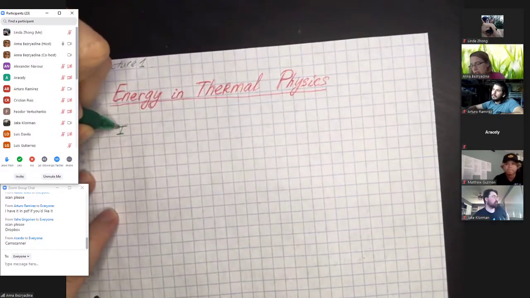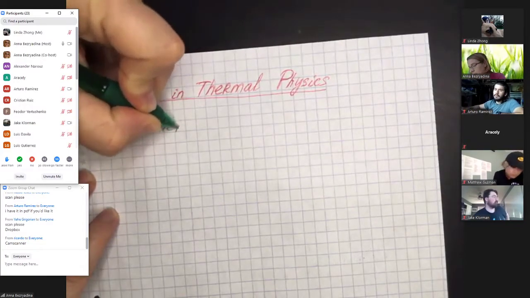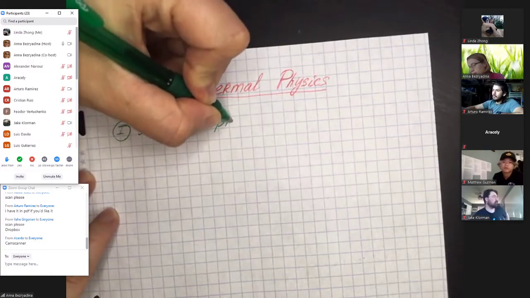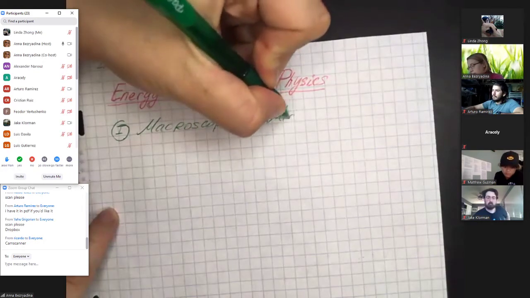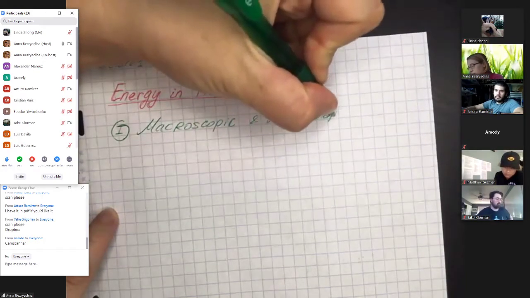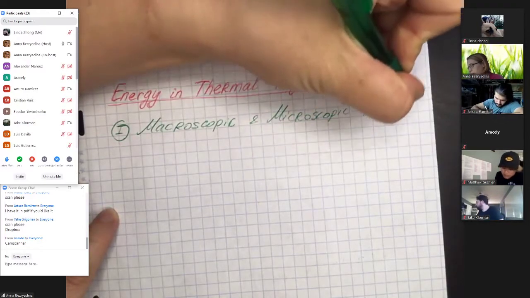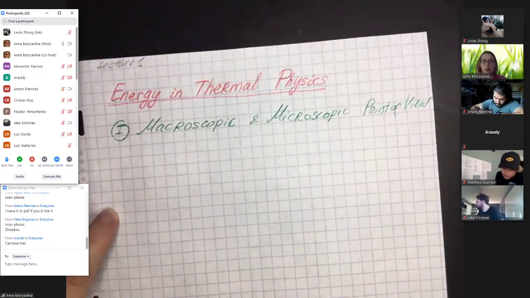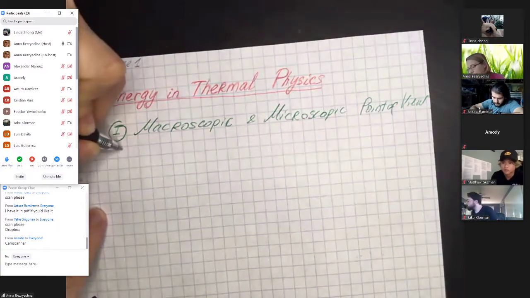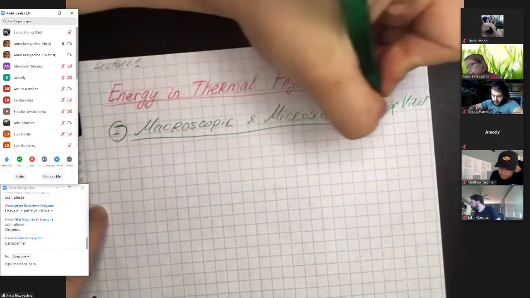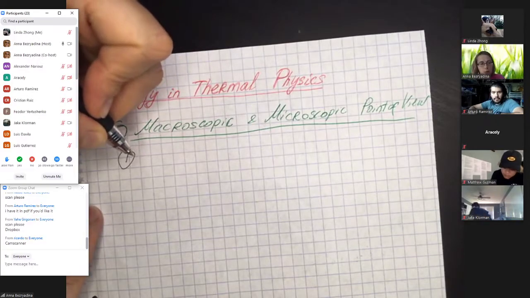And the first subsection will be macroscopic and microscopic point of view. Okay. So after that, we'll talk about the macroscopic point of view.